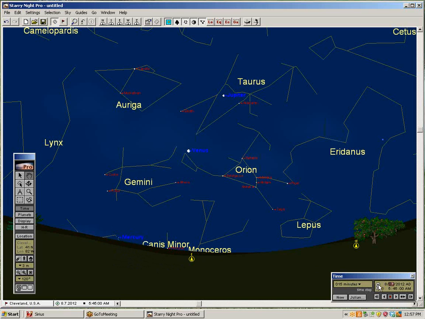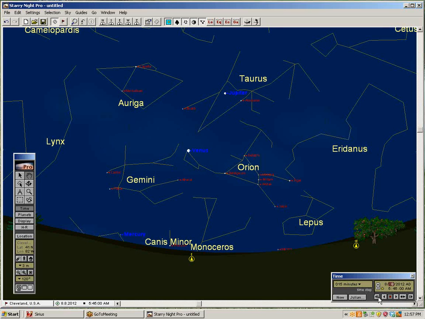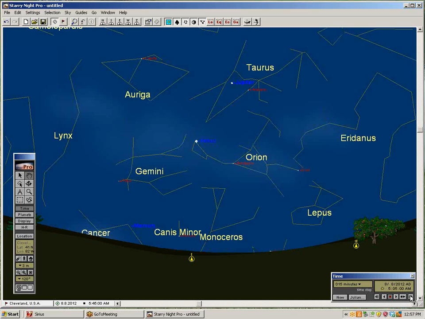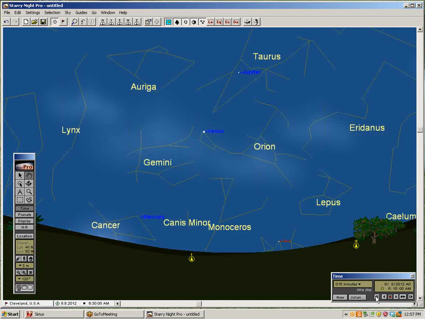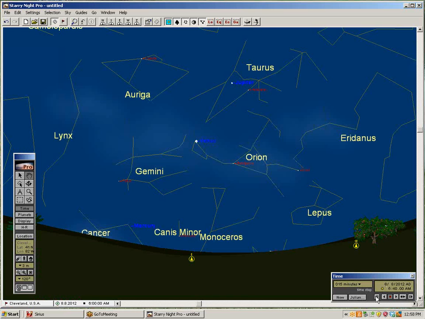Then Mercury goes direct on the 8th. Now if you notice back here, look at where Mercury is in Cancer. When he stationed retrograde, he was over here. Now he's way back here in Cancer because he moved backwards. So now what we're going to watch is Mercury moving forward through this constellation.